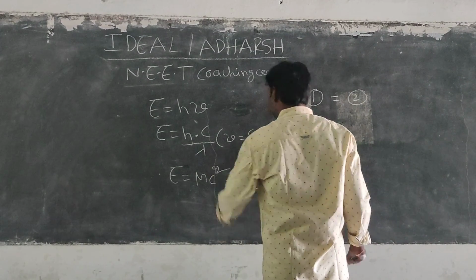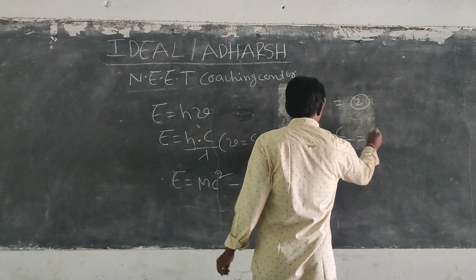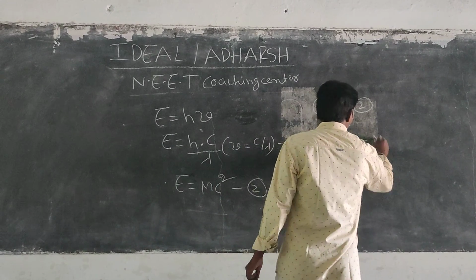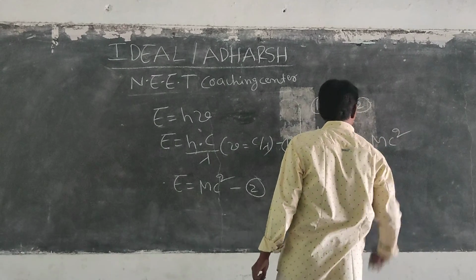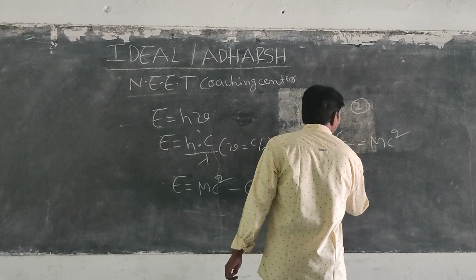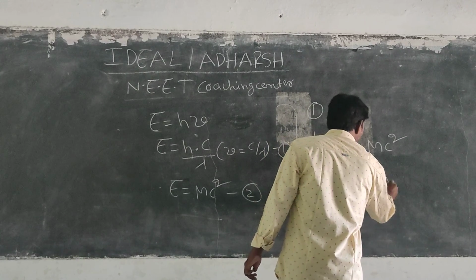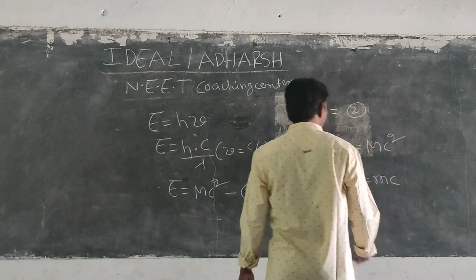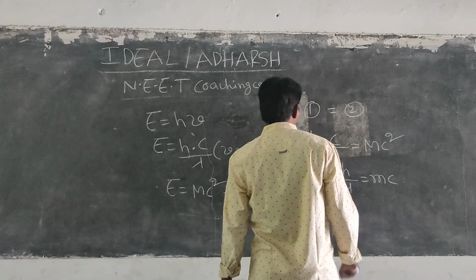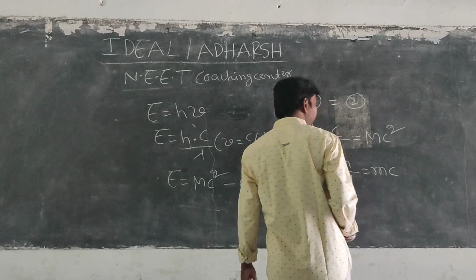That's why equation 1 equals equation 2. That means h into c by lambda equals mc square. Here one c cancels. That means h by lambda equals mc, mass into velocity.